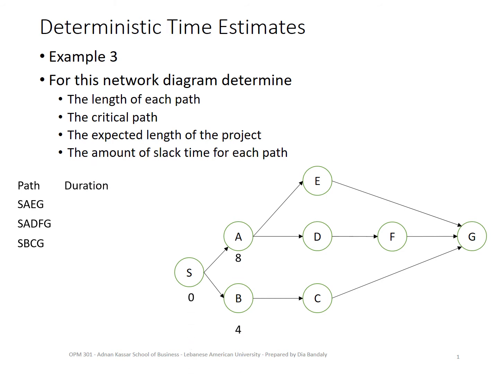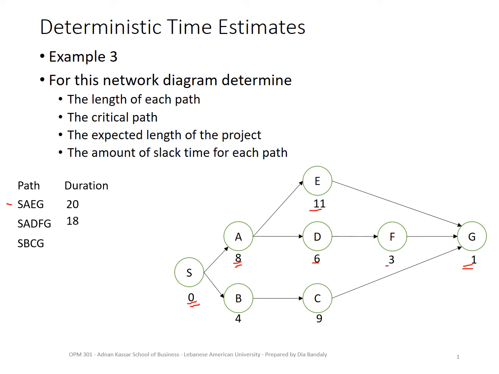Here we go. I'm showing you under each node the duration of these activities. The duration of the first path, SAEG, is 0 plus 8 plus 11 plus 1. So that makes 20. 11 plus 8, 19, plus 1, 20. Now, the second one, we have again 0, 8 plus 6, 14, plus 3, 17, plus 1, 18.